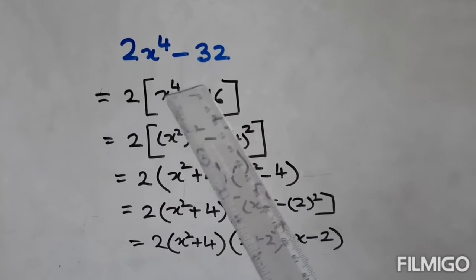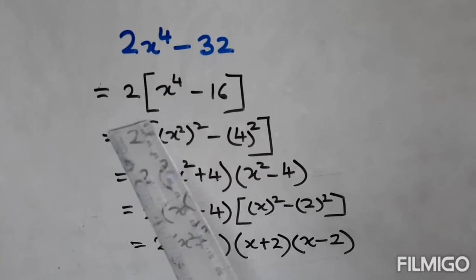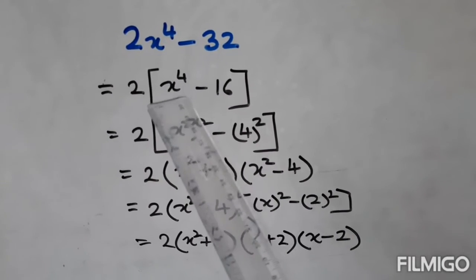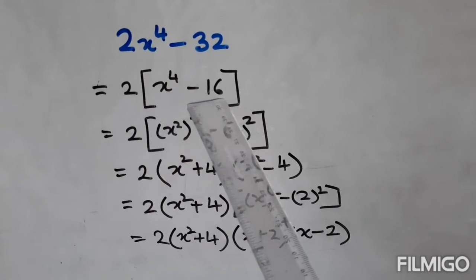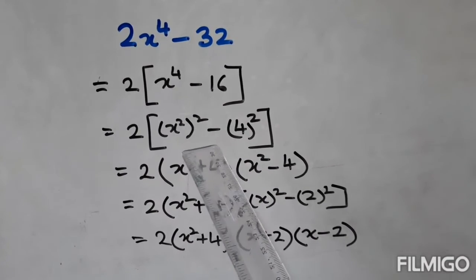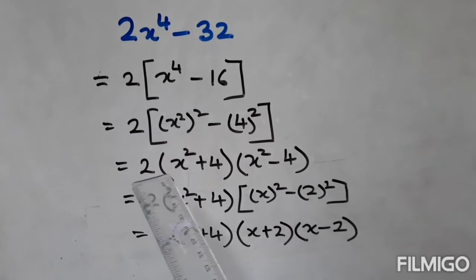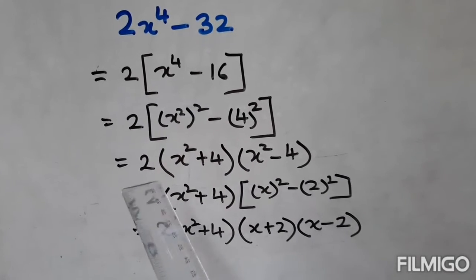2x to the power 4 minus 32. In this case we will first take 2 common. Within bracket we get x to the power 4 minus 16. That means we can express it as difference of two squares, that is x square whole square minus 4 square. We get x square plus 4, x square minus 4. 2 remains as it is.